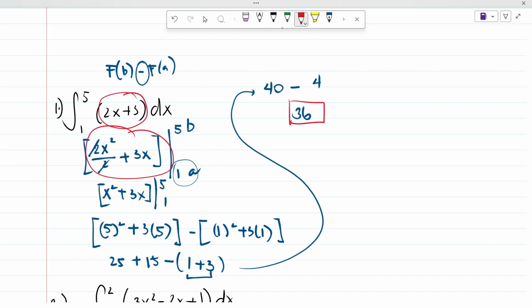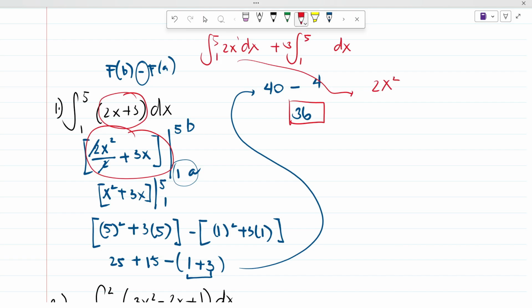For those wondering how it became like this: the integral from 1 to 5 of 2x dx plus the integral from 1 to 5 of 3 dx. Since 3 is a constant, I take it out. From indefinite integrals, the power rule: add 1 to the exponent and to the denominator.